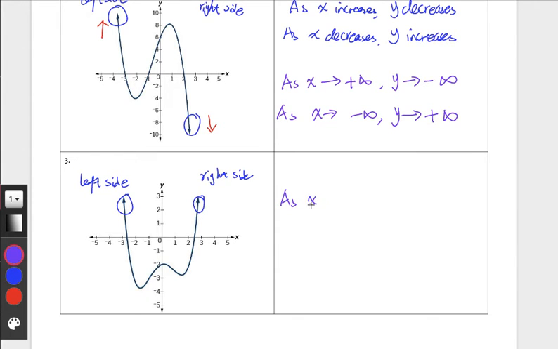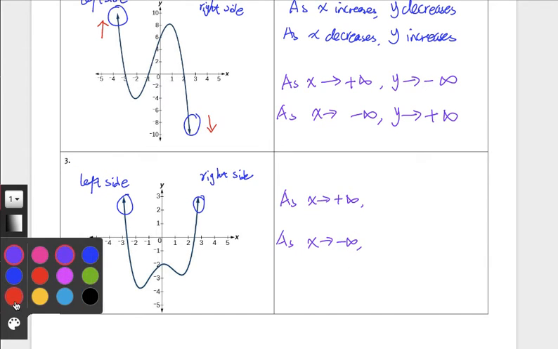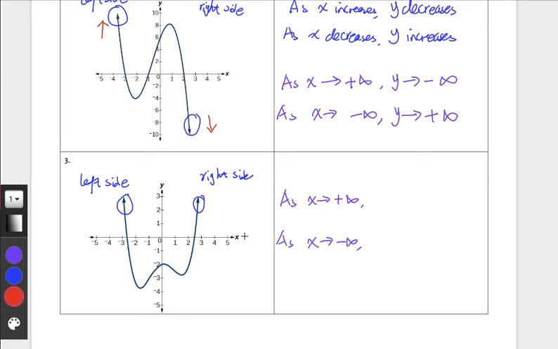We always focus on as x increases, meaning approaching positive infinity, and as x decreases, which is approaching negative infinity. So let's check how y changes. When x is approaching positive infinity, meaning getting bigger and bigger, which is the right side, y is going up, right? So that means y is approaching positive infinity.